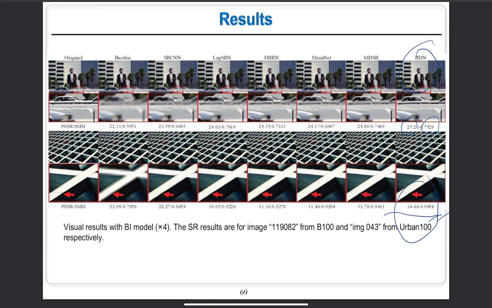And compared to traditional models, RDN produced outputs with much better texture recovery, mentioned here, sharper contours, and fewer artifacts, and that's it.